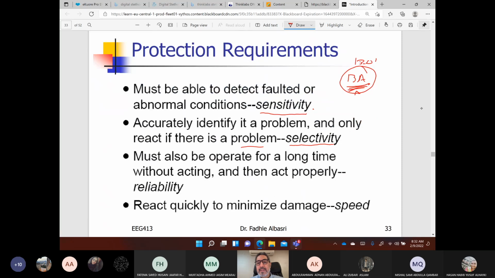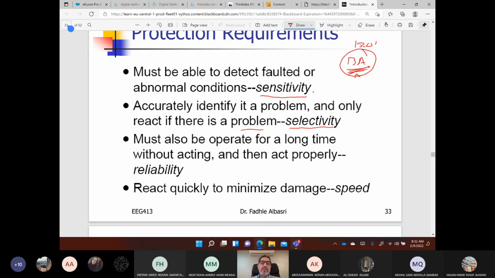Selective means the ability of the protection function to identify the faulty conditions and act correctly, to remove the faulty equipment only from the system. So this is called selectivity.